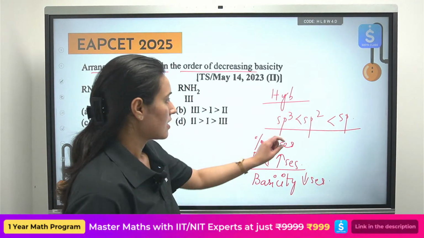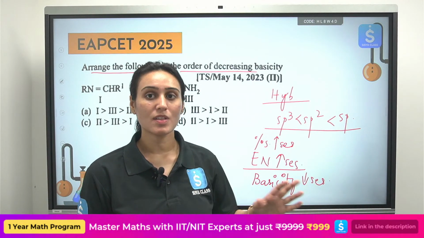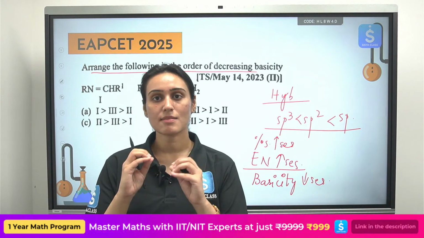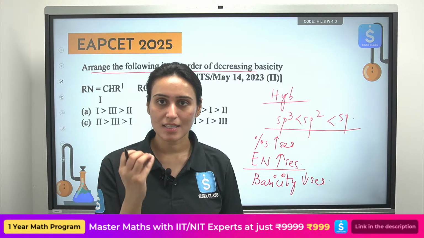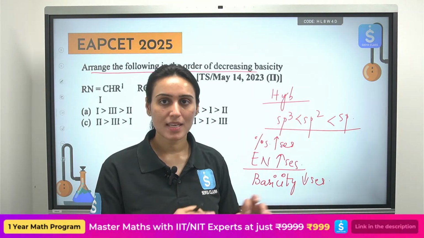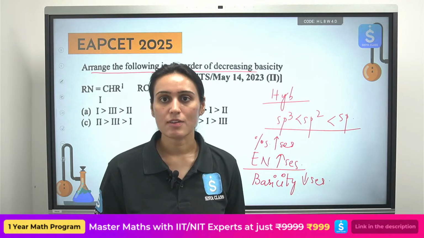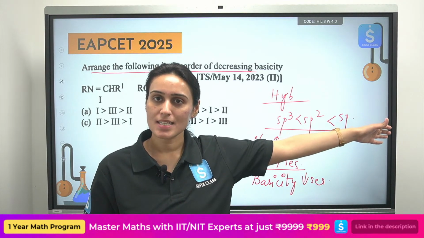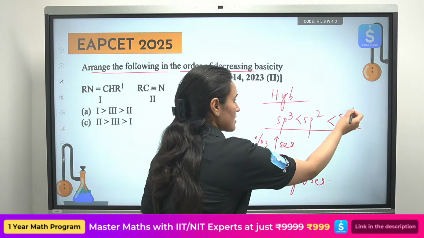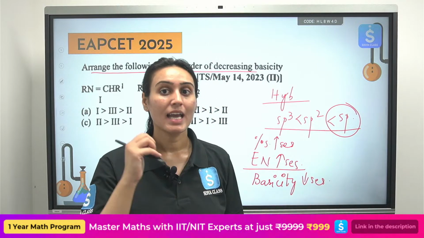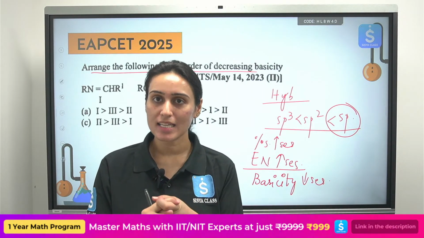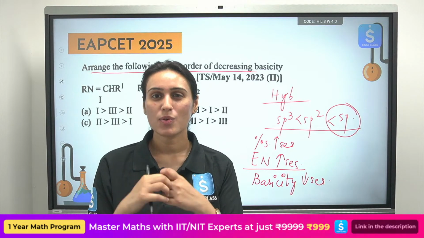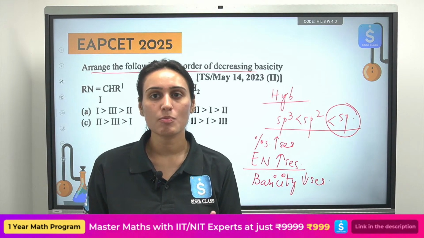In sp hybridization, the percentage S character is maximum, 50%, then sp2 33.3%, then sp3 25%. So as the percentage S character increases, this one has the highest electronegativity.